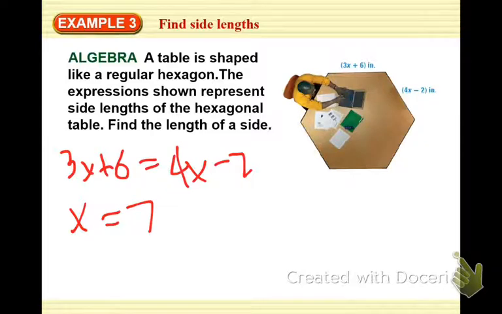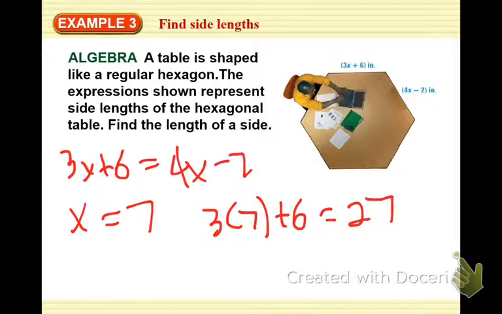Is that the answer? What do I need to do? We got to plug back in. So it's going to be 3 times 7 plus 6 equals 21 plus 6 is 27. Something's not right. I made a mistake somewhere. It should be 8 for x. Oh, that's a 2. Yeah, okay. That should be 8. x equals 8 because we moved negative 2 over.